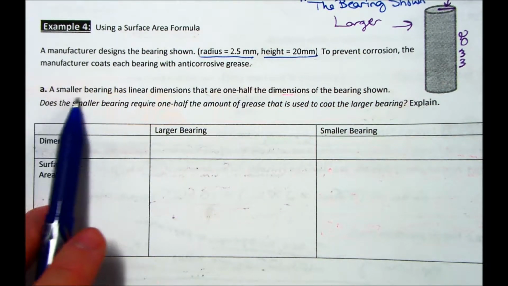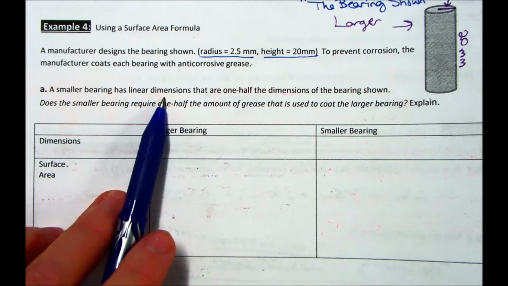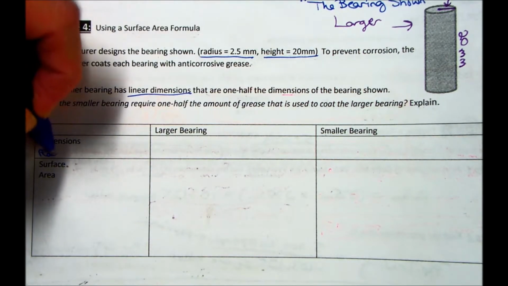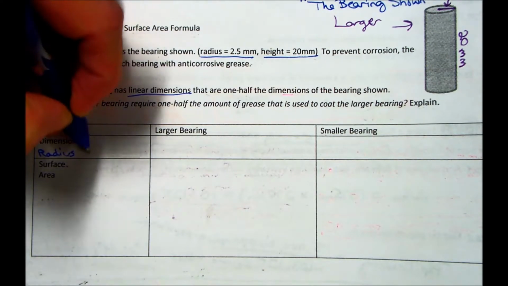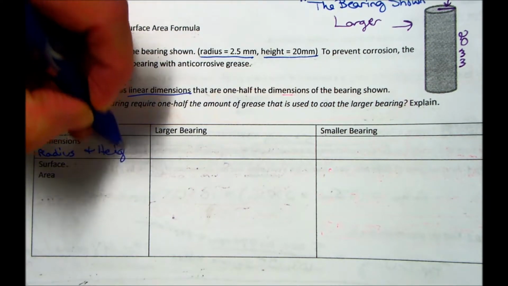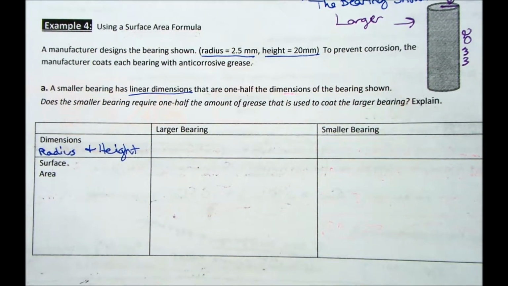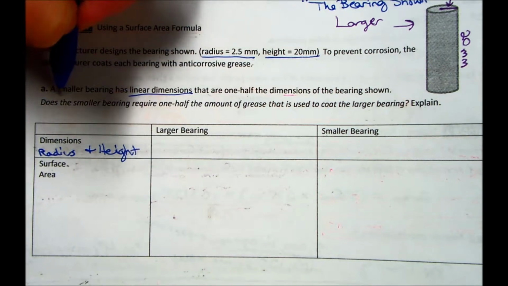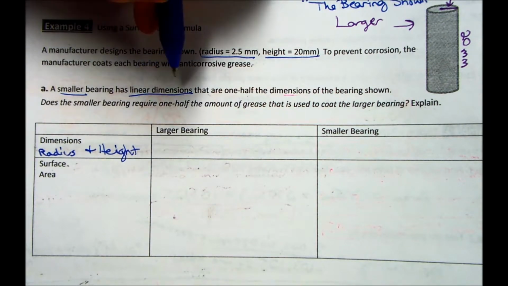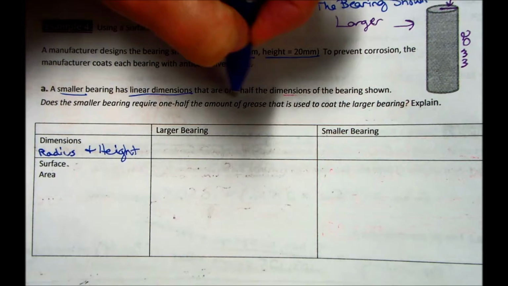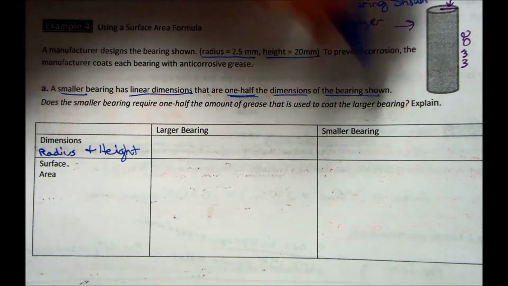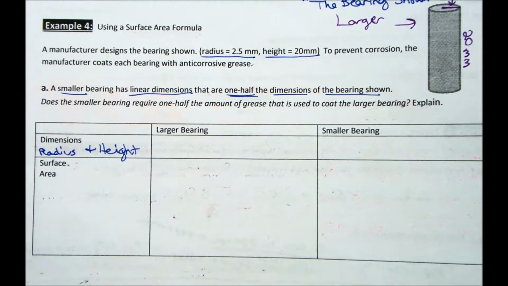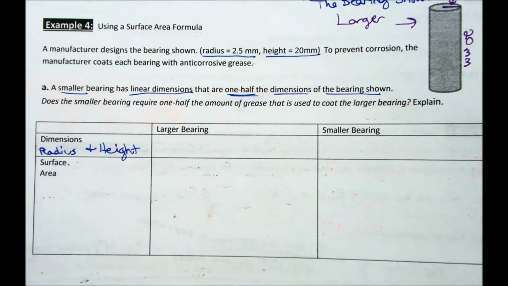It's also telling us a smaller bearing has linear dimensions. So the linear dimensions are basically your radius and your height. So linear dimensions are things that are a length. And it's telling us that the smaller bearing has linear dimensions, or radius and height, that are 1/2 the dimensions of the bearing shown. So again, they're using that bearing shown, which is the one that's in the picture.